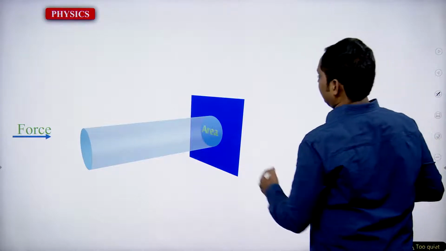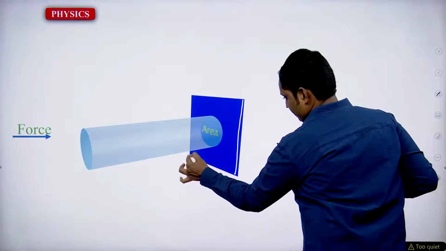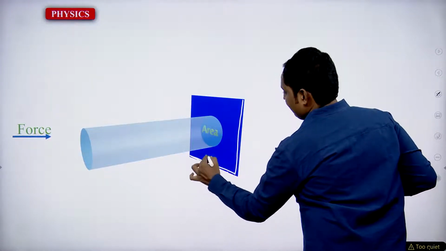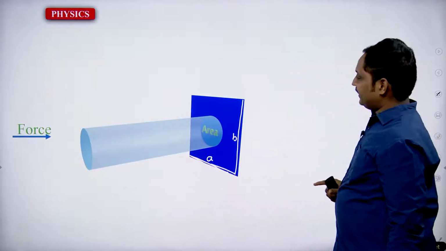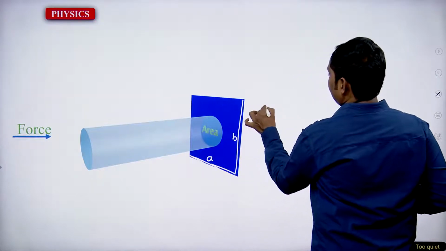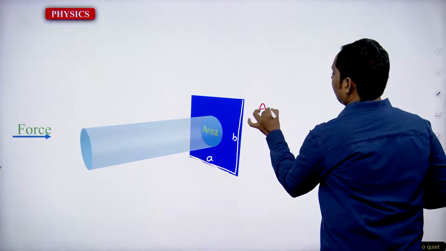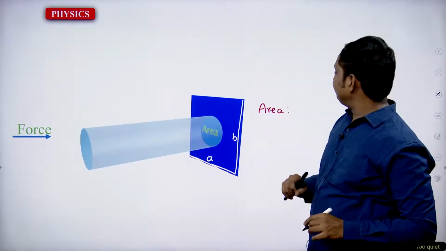If you take this one, it has been identified. This is A and B. You will measure that and take that area. Just keep on the area, you can measure that area.